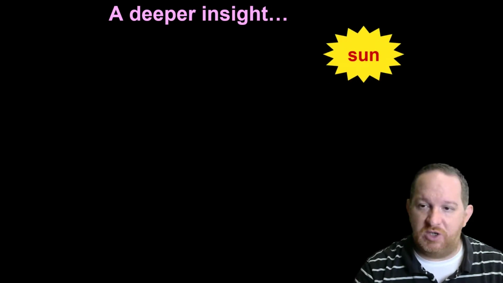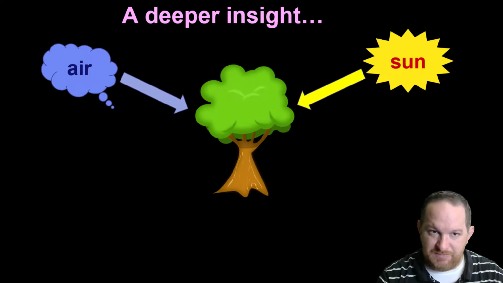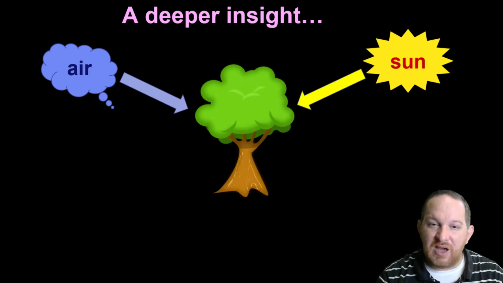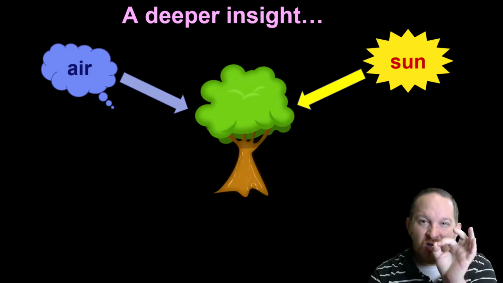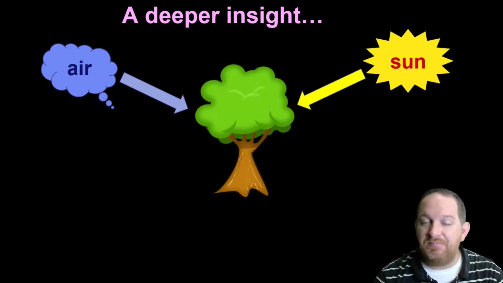Okay, so a little deeper insight here to wrap this up. Think about my very first question. Think about that tree. I said, what is the tree? Where did it come from? It started as a small seed and now it's huge, big as a house, some of them. How did that happen? Where did all the matter to make up the tree come from?